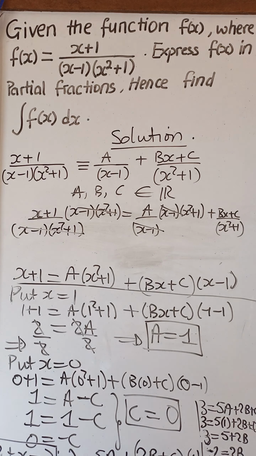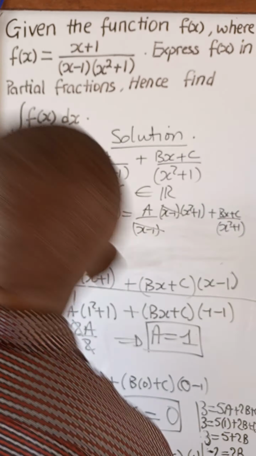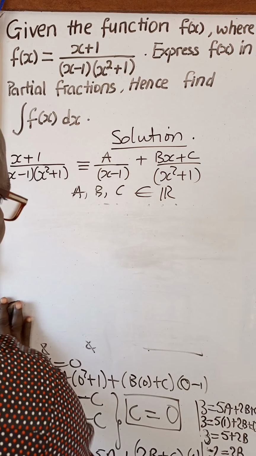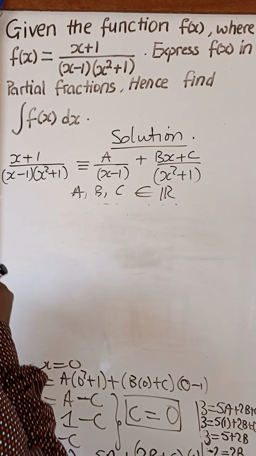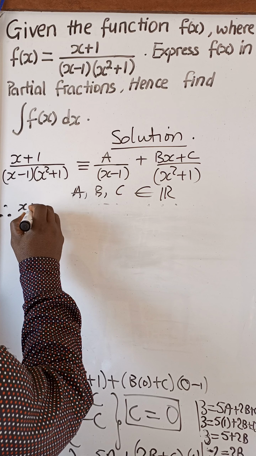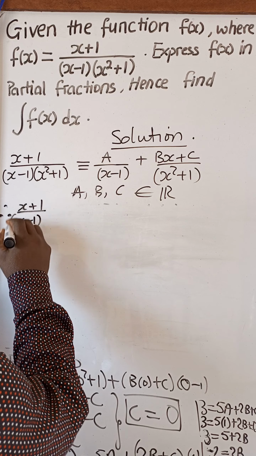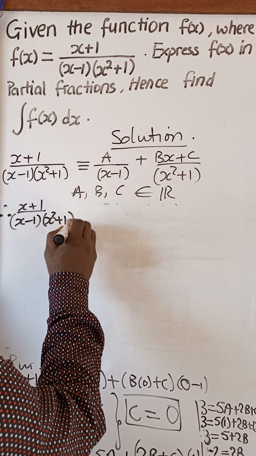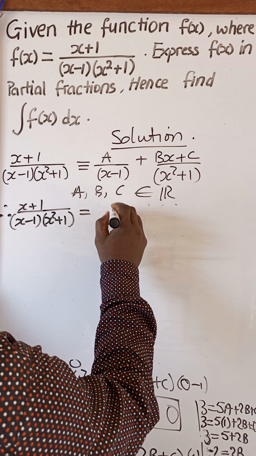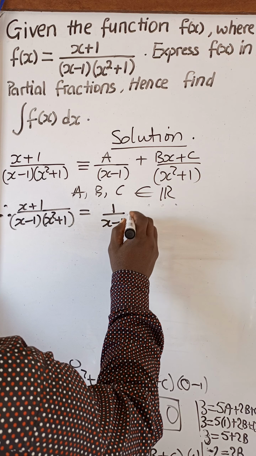Okay, so we have the values of a, b, and c. A is 1, b is negative 1, and c is 0. So conclusion, we will now say therefore, x plus 1 all over x minus 1 into x squared plus 1 as partial fractions will be, we found our a to be 1, so we have 1 all over x minus 1.